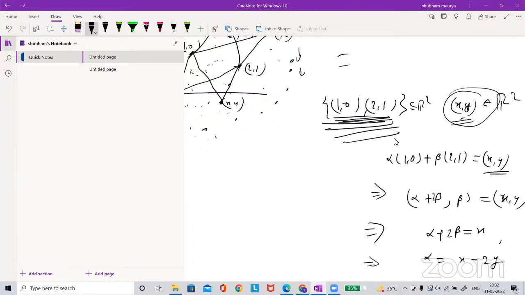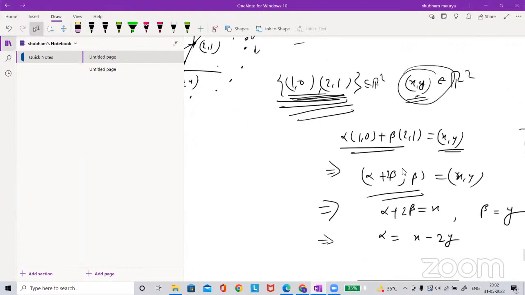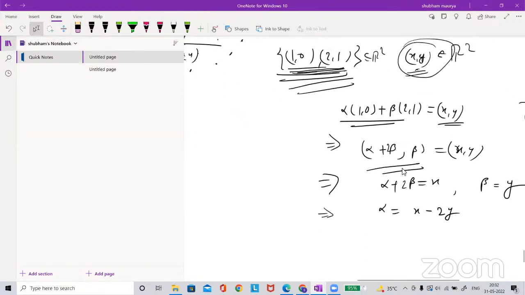I'm not doing anything different from what the definition says. I just wrote a linear combination of these two vectors and assumed it generates (x,y). I made an equation, solved it, and found alpha and beta in terms of x and y.